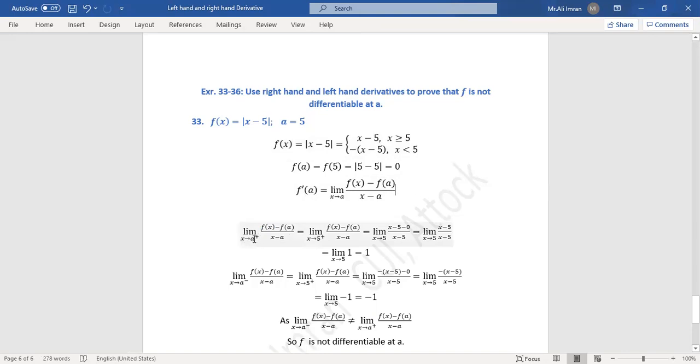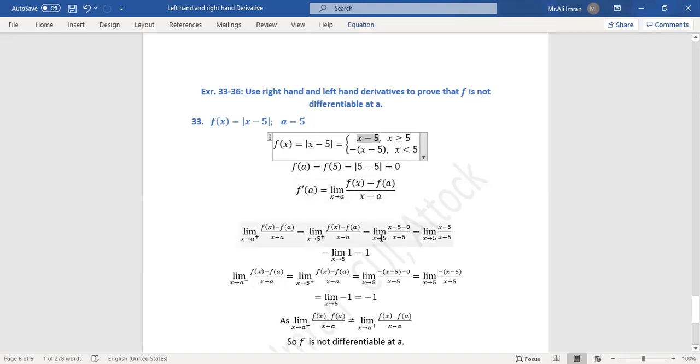It means that we will find the limit for values x greater than a. Here the value of a is equal to 5. It means that we will approach the limit for values x greater than 5. For x greater than 5, the value of the function here is x minus 5.